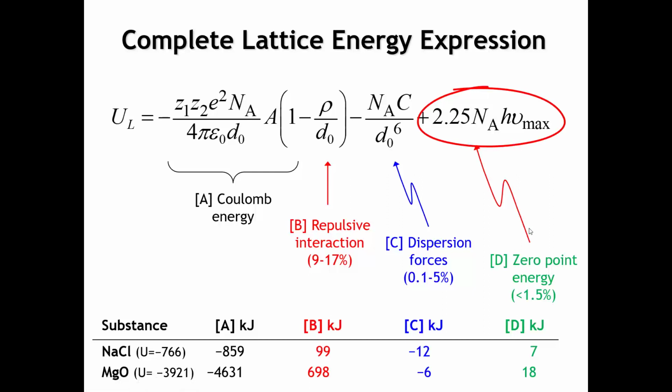And the zero-point energy comes from a quantum mechanical term that I don't want to get into here, but that is the opposite sign of the dispersion forces, right? So that makes the lattice energy a little bit more positive. We oftentimes will neglect these last two terms because they're pretty small, and because they're opposite sign, they can kind of almost cancel out.